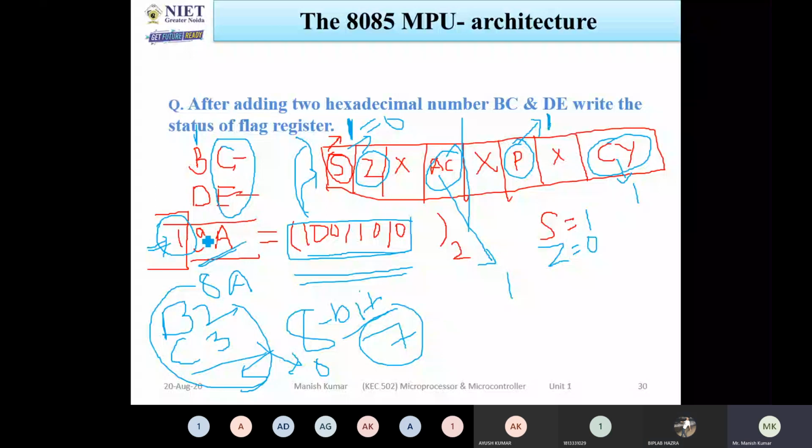If you add these two numbers, 9A will be stored, but 1 goes in the carry bit. These two combine, and after the combination of the carry bit and the result, it gives the processor the correct result. Otherwise you always get the wrong result. So this one will be saved in the carry bit.